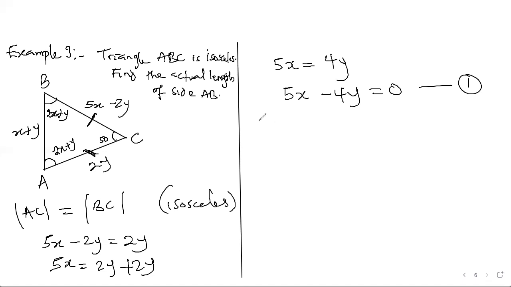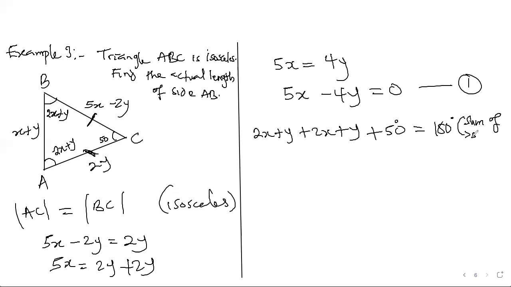So if I do that, I'll have 2x plus y plus 2x plus y, plus 50 must be equal to 180 degrees. So what is the reason? Sum of angles in a triangle.